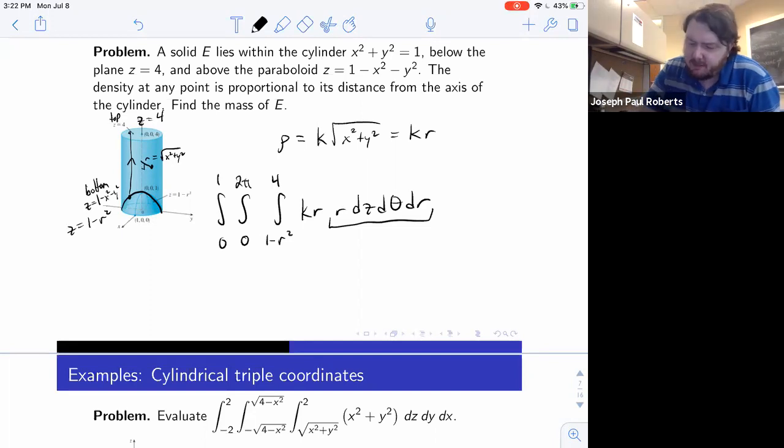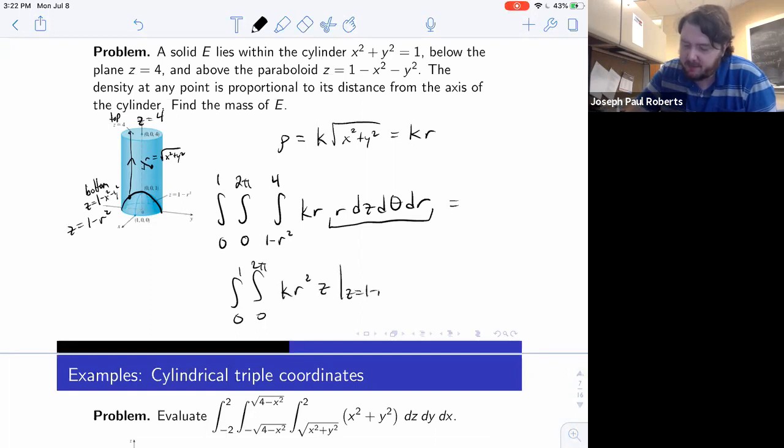And you'll notice that you end up getting exactly what we had before. So essentially, the first step would be anti-differentiate with respect to z. So you'd have kr squared z between z equals 1 minus r squared and z equals 4, d theta dr, with bounds 0 to 1 and 0 to 2 pi.